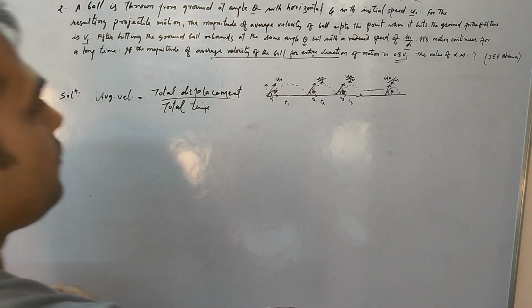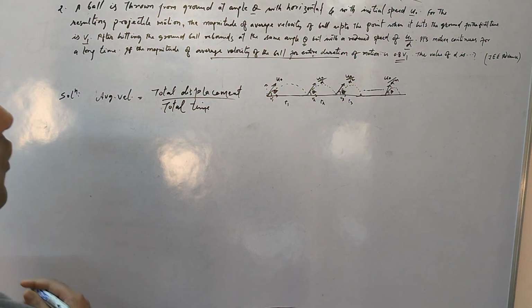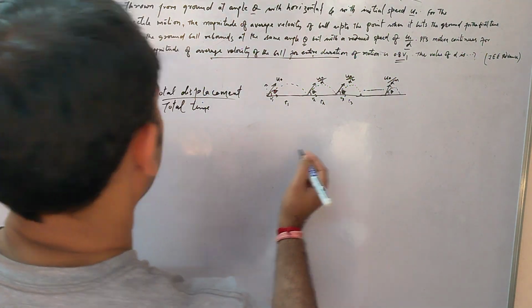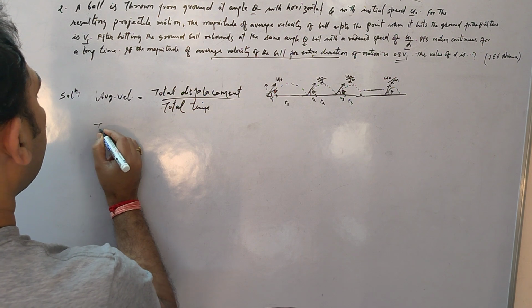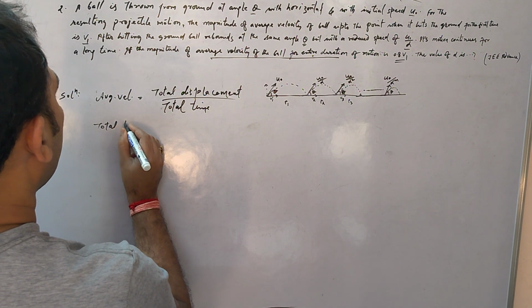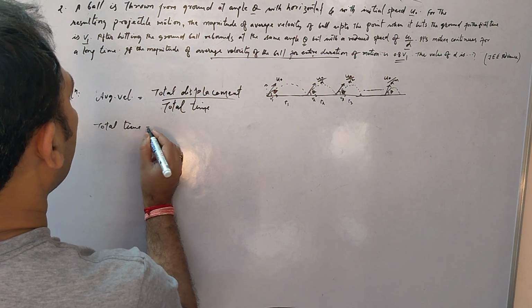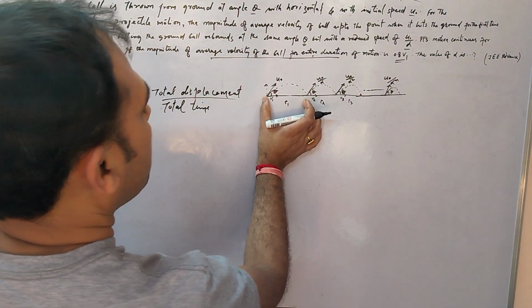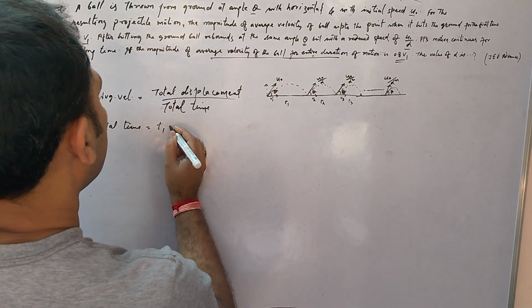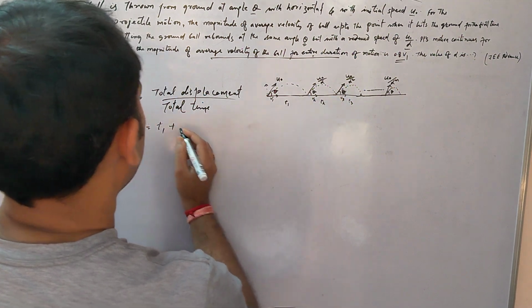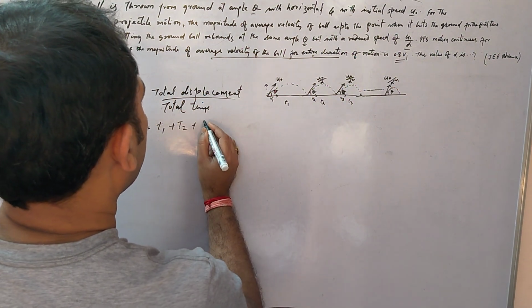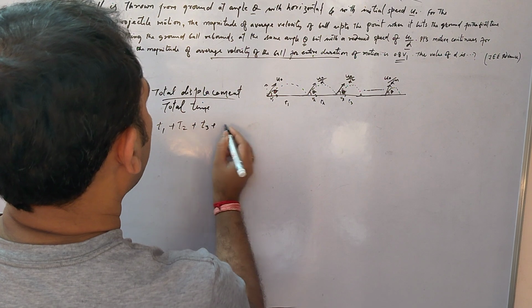So what will be the total time here? Total time will be equal to, for this part this is t1, here it is t2, then again t3 and so on.